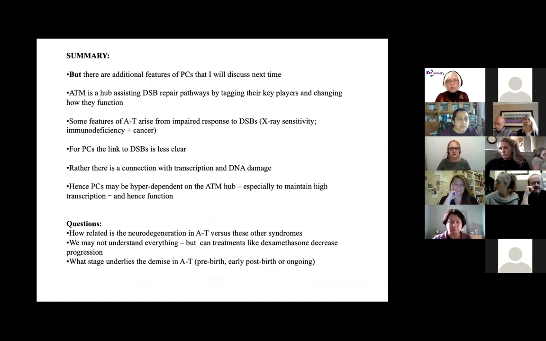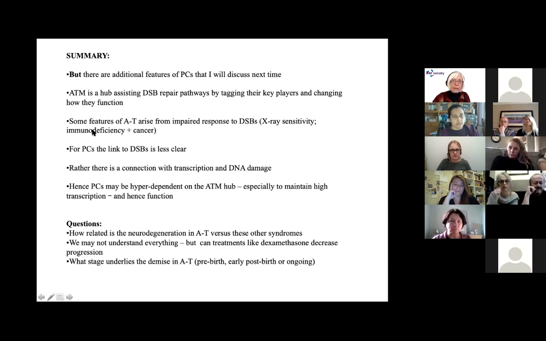But what I've told you is ATM is a hub assisting double-strand break repair pathways and it tags key players in the process and changes their function. And I've told you that we get a lot of DNA damage, both from our own metabolism, from external agents, but also from some of these very complex reactions that are taking place.